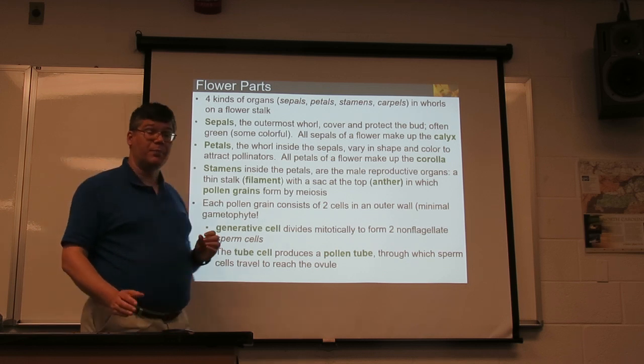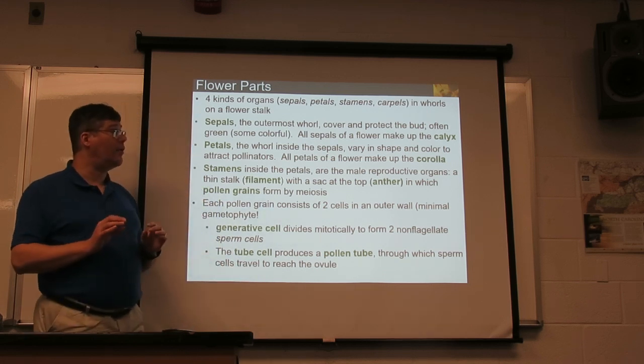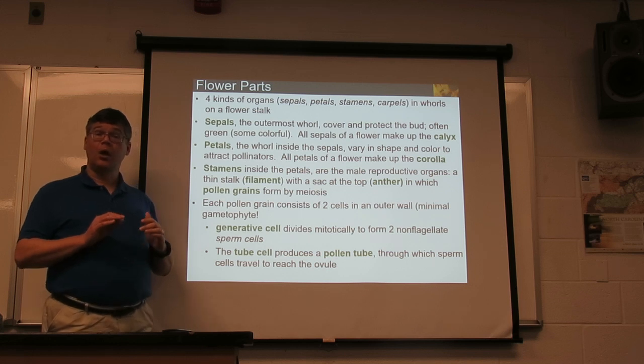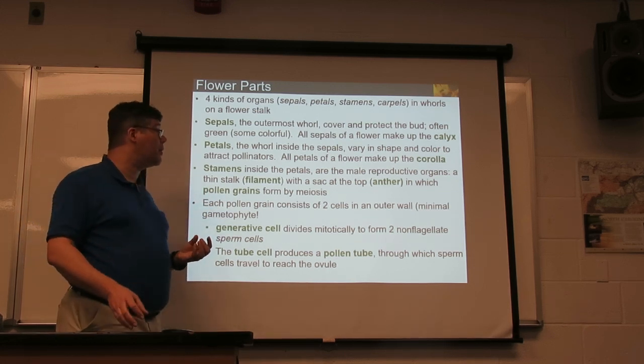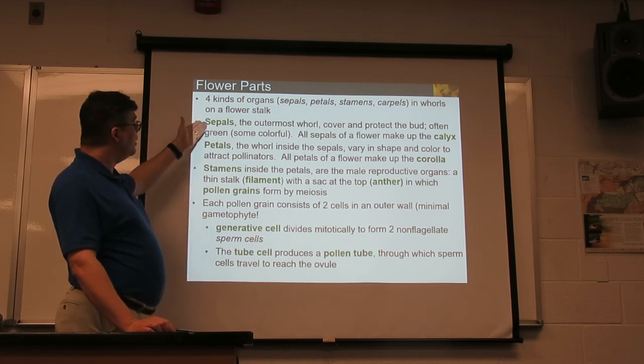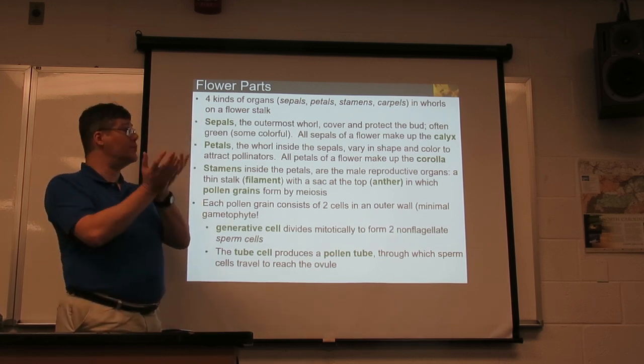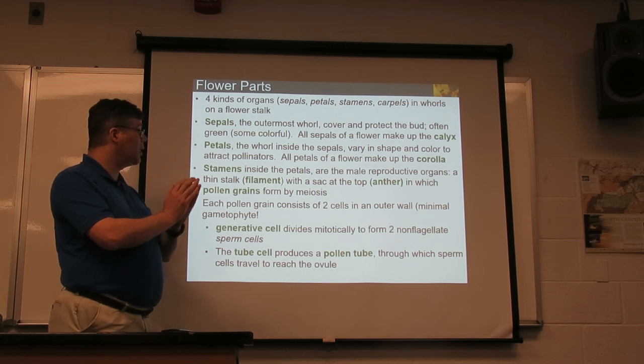Sepals basically protect and cover the outside of the flower and flower bud. Often they're green and inconspicuous, but sometimes they're colorful, looking much like the petals. Each one's a sepal. The whole set of sepals is the calyx.